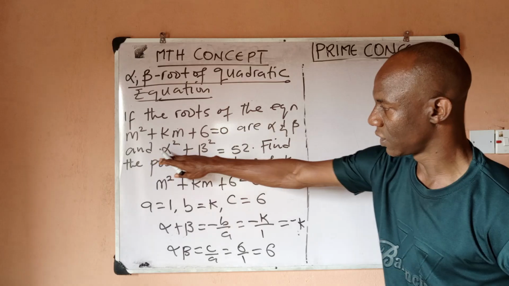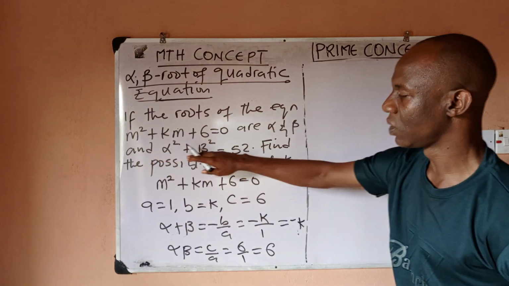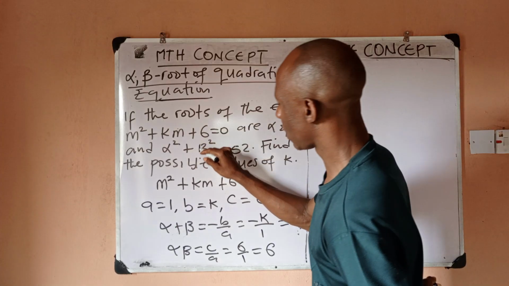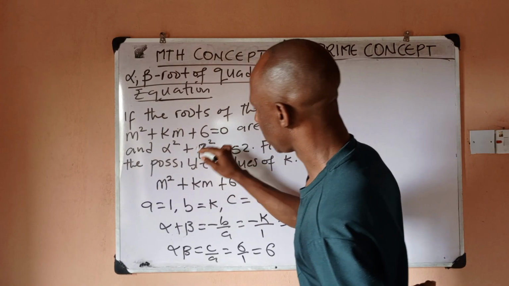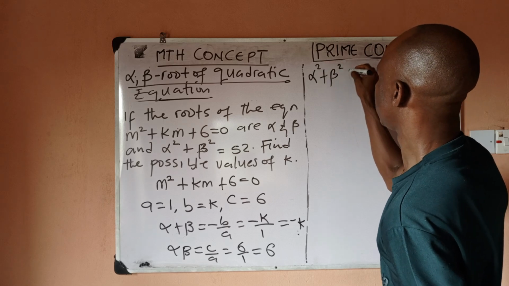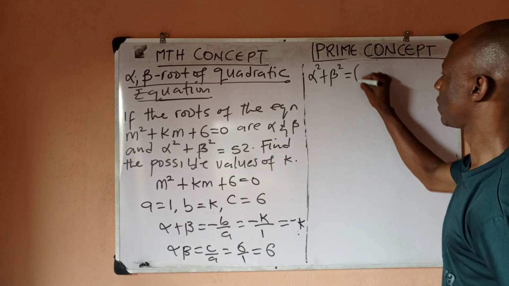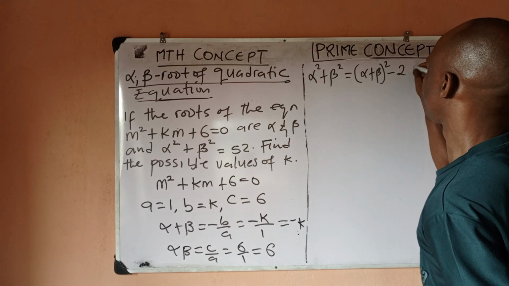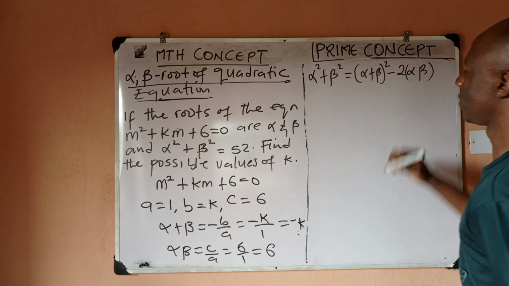Those are the first parameters to always determine before you solve any further. Now they gave us this, so this gives you an idea of what you would need. Again, I'll be needing the formula for alpha squared plus beta squared, which we know is alpha plus beta all squared minus 2 alpha beta.